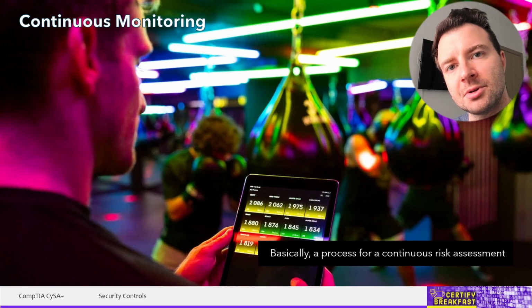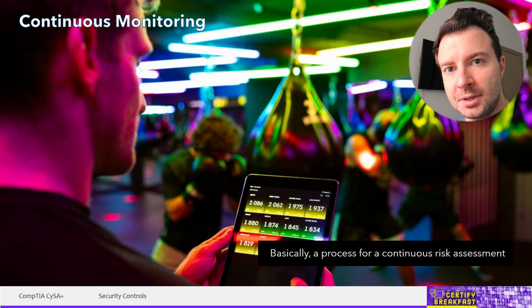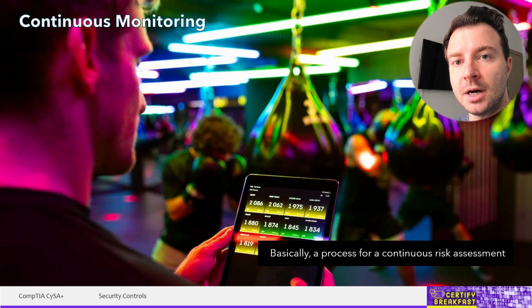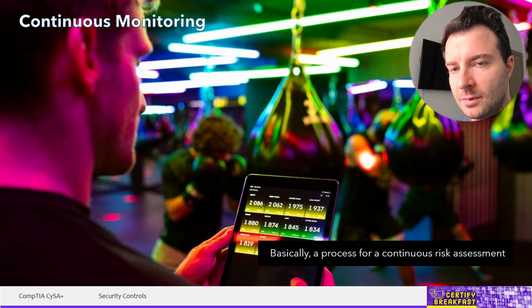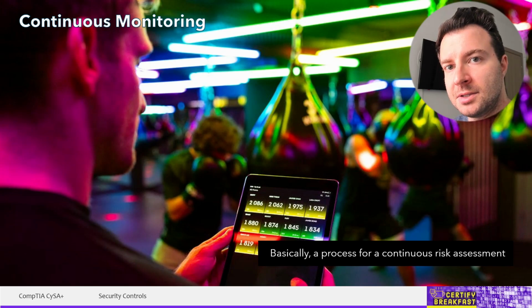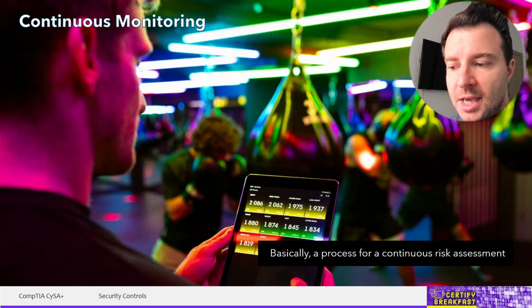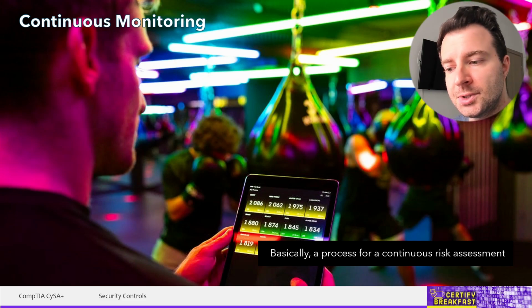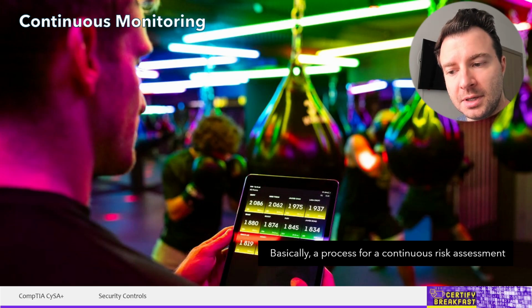And when it comes to security controls, one last thing that you need to remember is monitoring. You're also going to find it under the names of continuous monitoring, or CSM, that's continuous security monitoring. And it's nothing more than a continuous process of risk assessment. The purpose of this CSM is to track anything that can be involved in a security incident in a company.